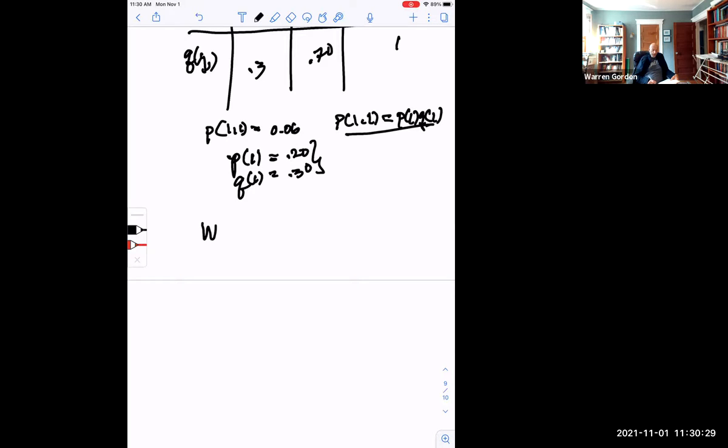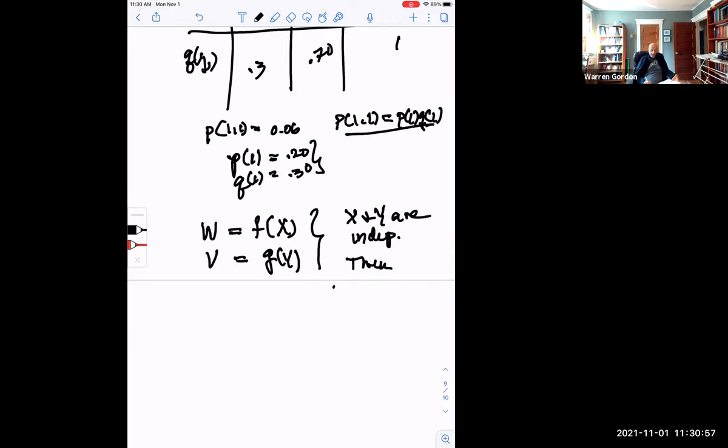If the random variable W is a function of some random variable X, and if the random variable, say V, is a function of some random variable Y, and suppose X and Y are independent, then so are W and V. That's a little messy to prove here.